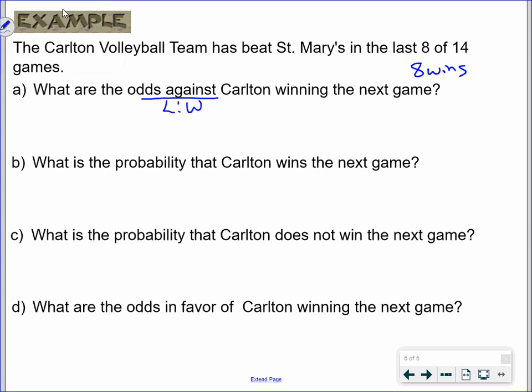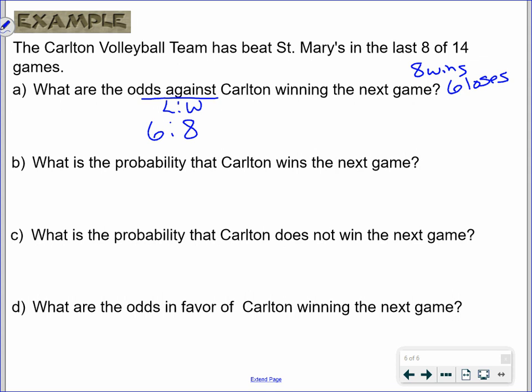So if the team has 8 wins out of the last 14 games, that means that they will have 6 losses. So when we're talking about the odds against, we're comparing the losses to the wins. So they will have 6 losses compared to 8 wins.